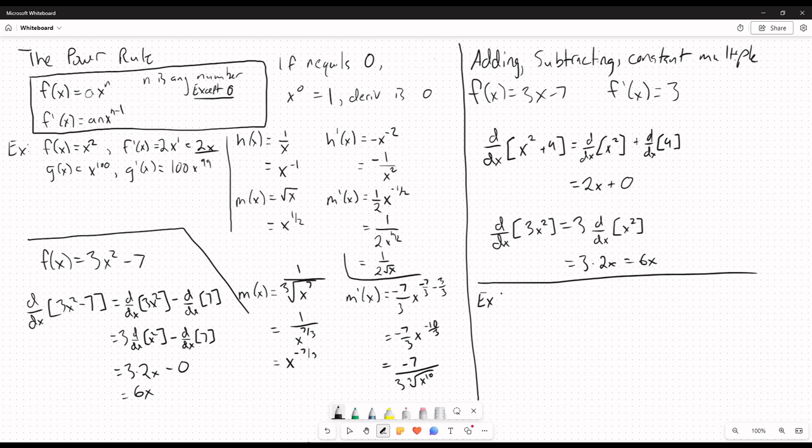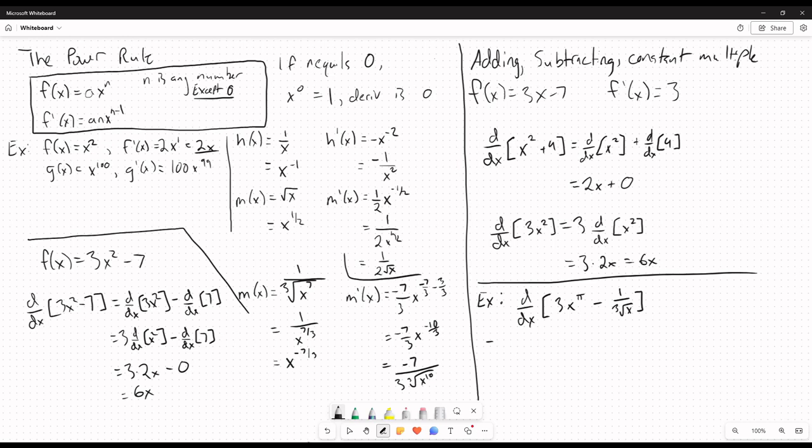Let's mix some of these together. Let's do x to the pi. I haven't done this yet, so you'll see what happens. What's the derivative of 3x to the pi minus 1 over the cube root of x?